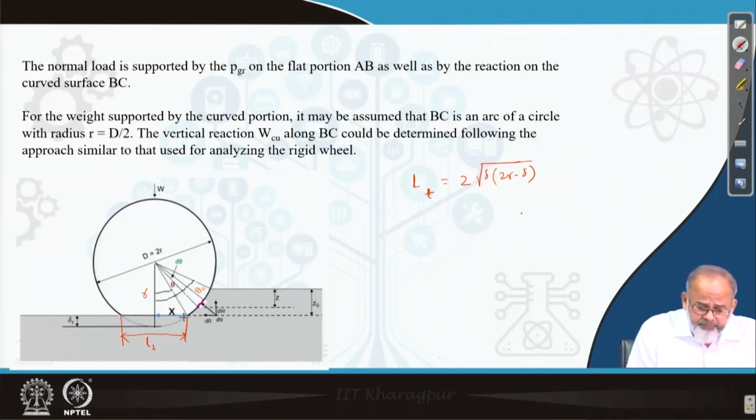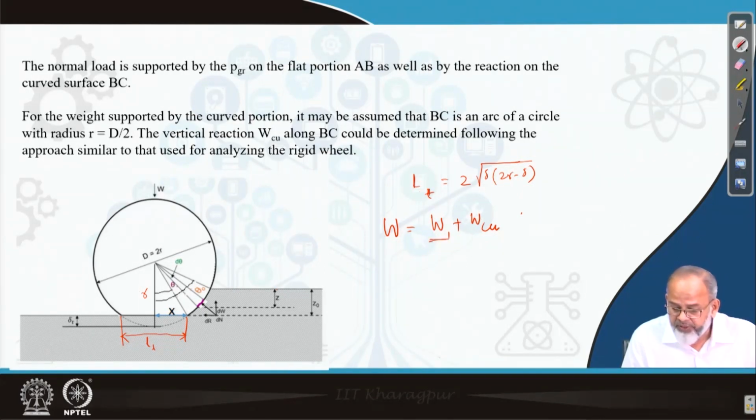Along the flattened portion, the pressure will be equal to Pi plus Pc, which you have taken as ground pressure, and the W which is applied is carried by the wheel. So, that will be supported by two components. W will be equal to W1 plus W curve. That means a portion of weight will be supported by the flattened portion and the rest will be supported by the curved portion.